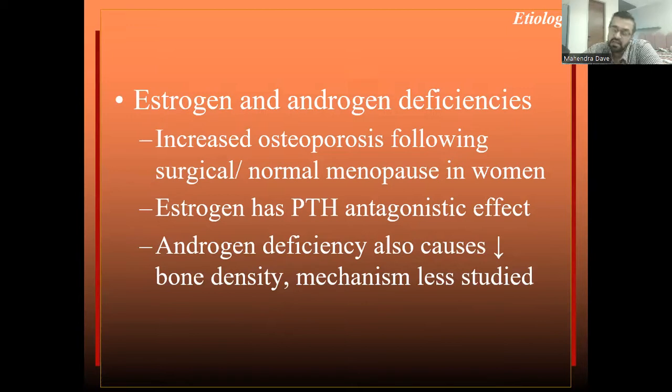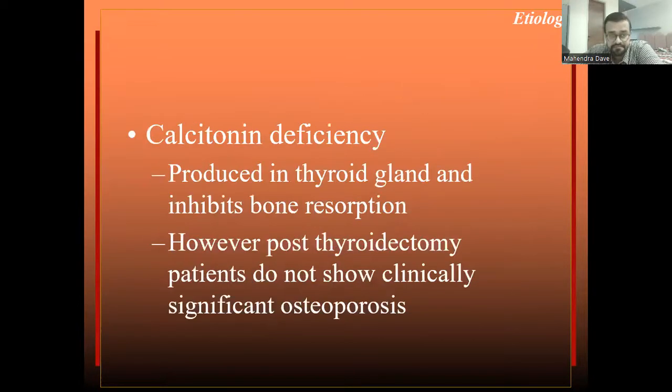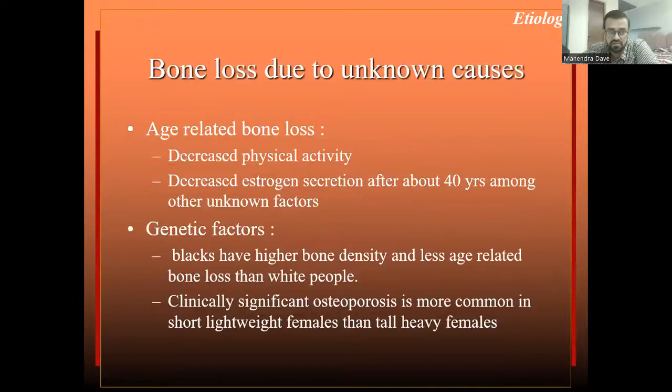Estrogen has a parathyroid antagonist effect. Androgen deficiency also causes bone density to reduce, and the mechanism is less studied. Calcitonin deficiency: calcitonin is produced in the thyroid gland and inhibits bone resorption. However, post-thyroidectomy patients do not show clinical significance of osteoporosis.